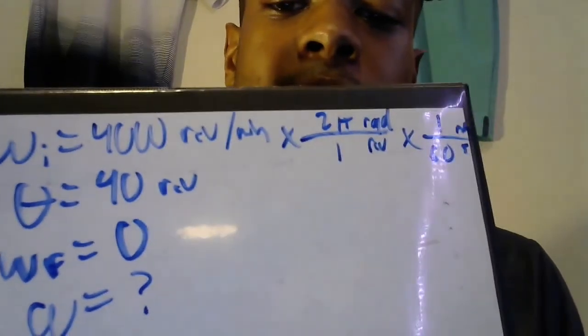So we need to convert these to standard units. The 4,000 revolutions per minute, we're going to multiply by 1 revolution is 2 pi radians, and then 1 minute is 60 seconds. So that's the calculation.